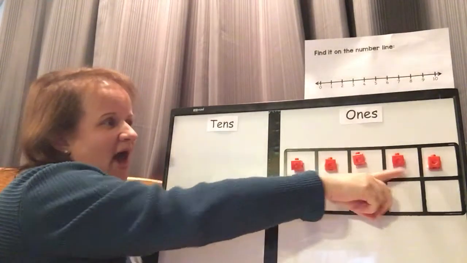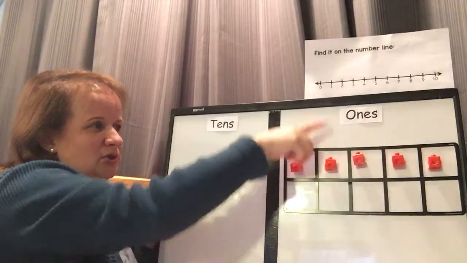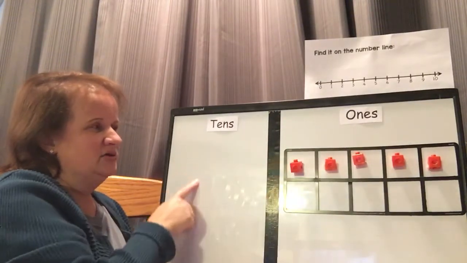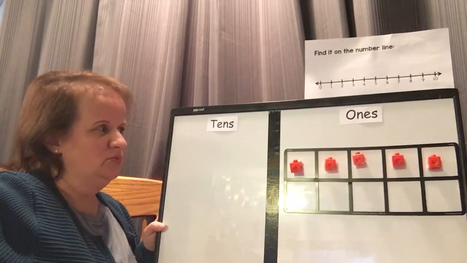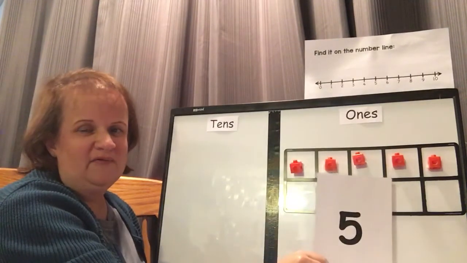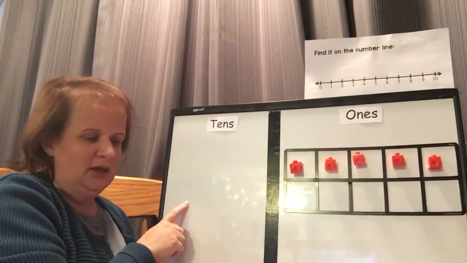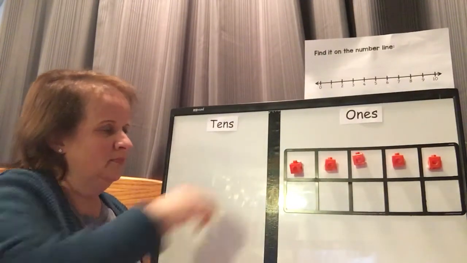There are 5 cubes in our ones column, but there are 0 cubes in our tens column. 5 in our ones column and 0 in our tens column.